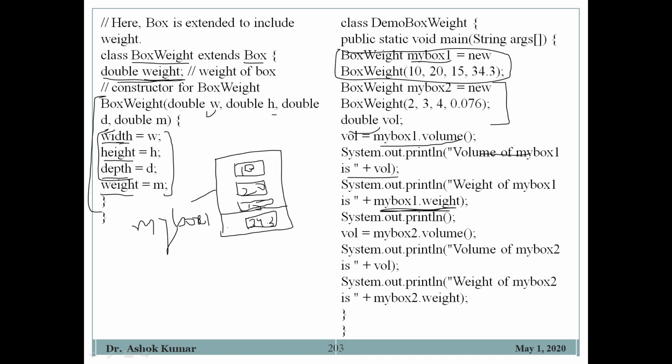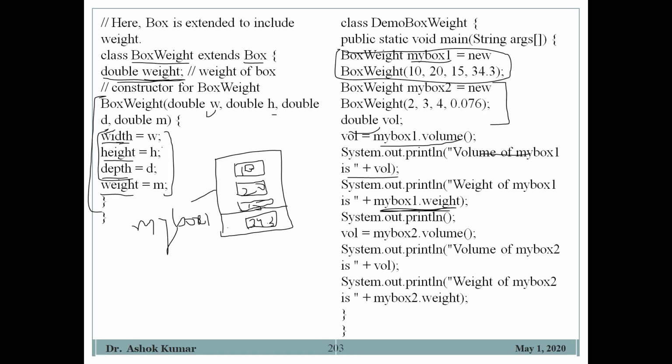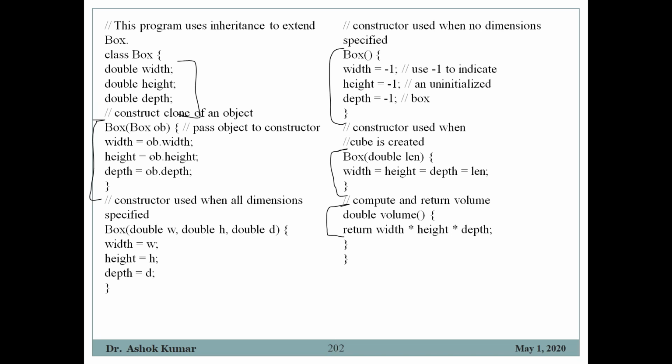The same is the code for my box 2, so I'm not going to discuss this with you. So this is the important point. Here in this class, we haven't used the base class constructor. In the derived class constructor, we are assigning values to the width, depth, and height. So instead of writing new code, you can call the base class constructor to initialize width, depth, and height.